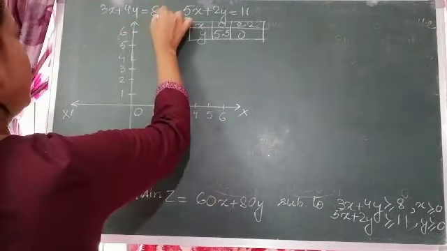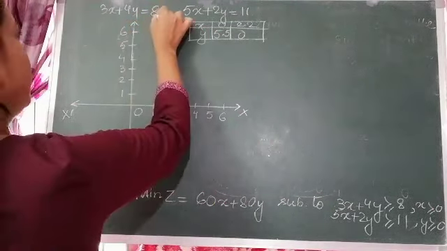Okay, I'll write the points for this here. So if x equals 0, y equals 2, and if y equals 0, x equals 2.6. Okay, so let's plot the points now.